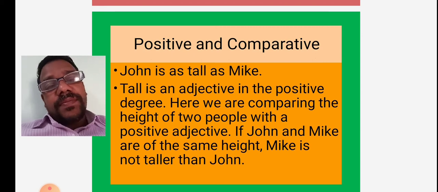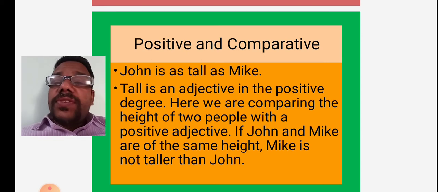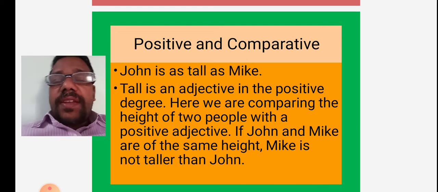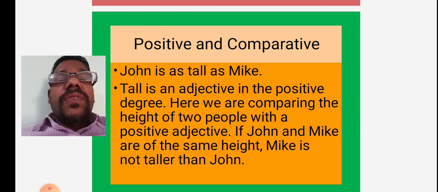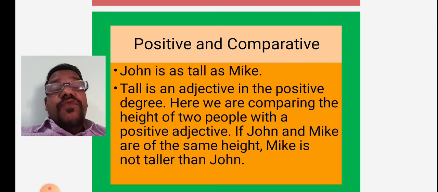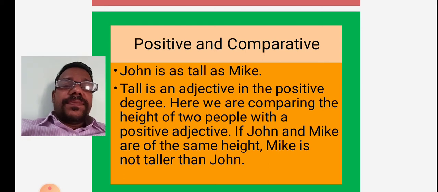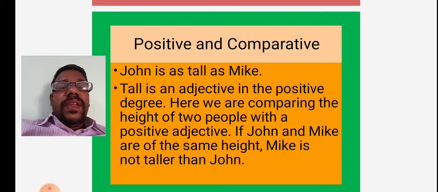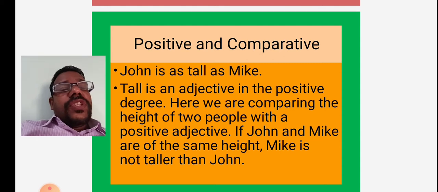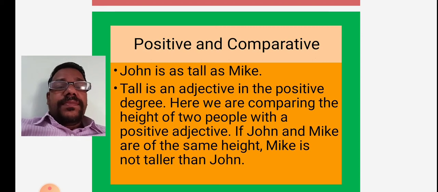Tall. You know the comparative form of tall is taller. So with that particular form, we have to change this without changing the meaning of the sentence. If we say John is taller than Mike, then it will change the meaning.